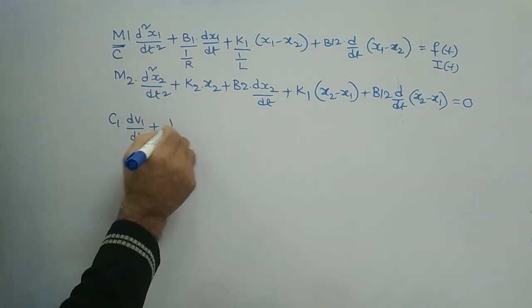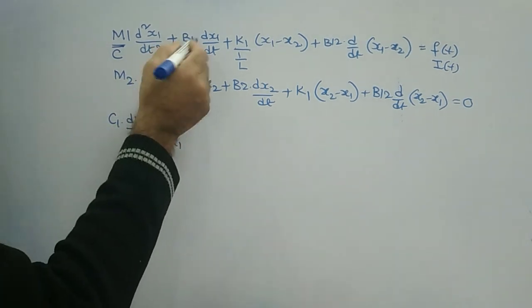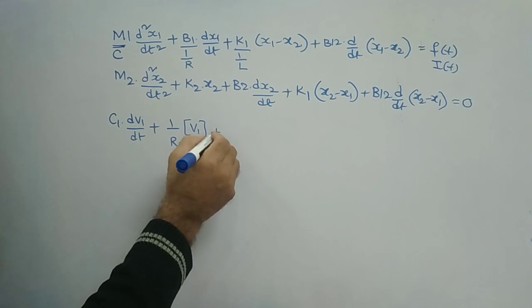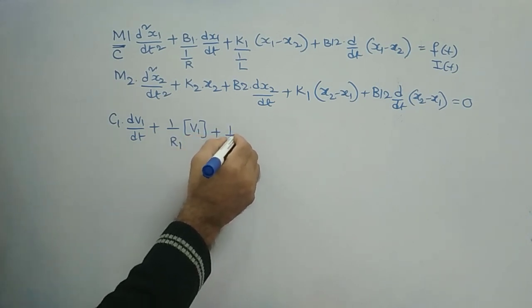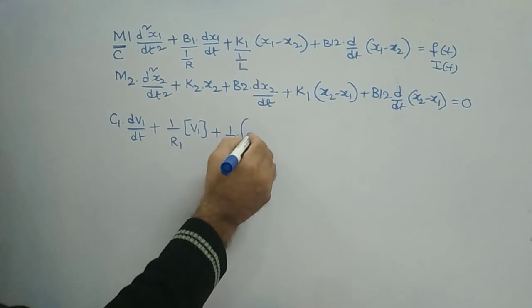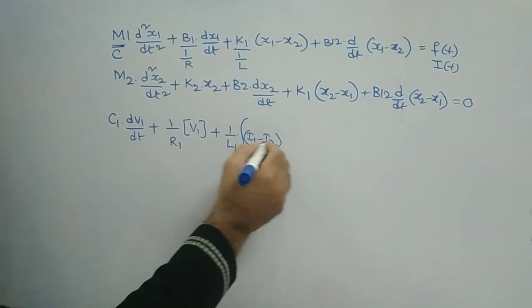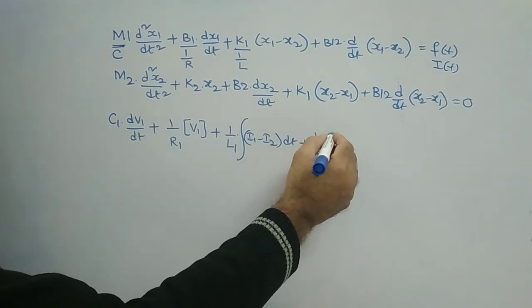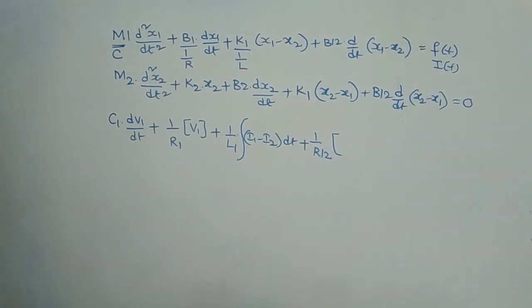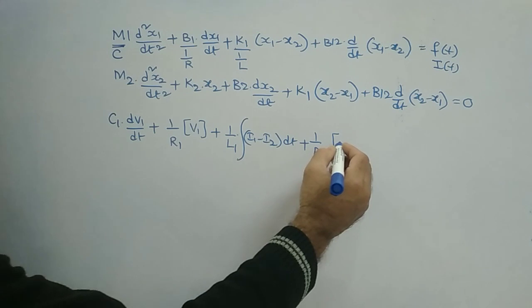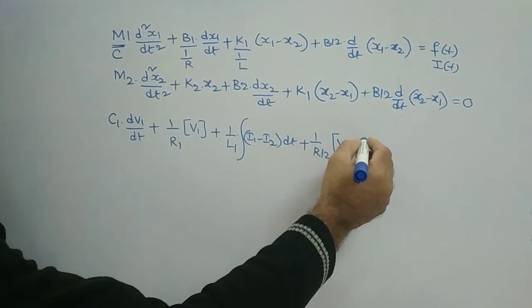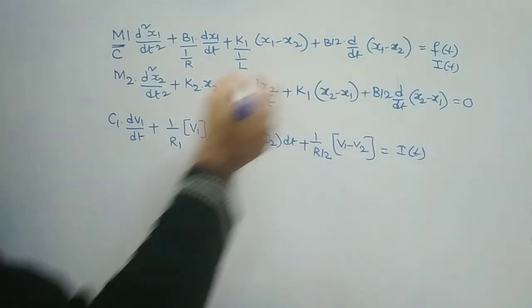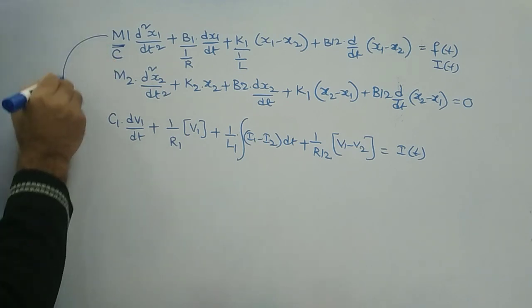B1 is equal to 1 by R1, so obviously you will have V1 here, plus K1, which is nothing but 1 by L1, times the integral of V1 minus V2 into dt, plus B12, which is nothing but 1 by R12, times V1 minus V2, equal to I of t. This equation will become like this.